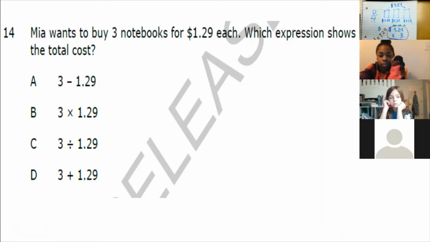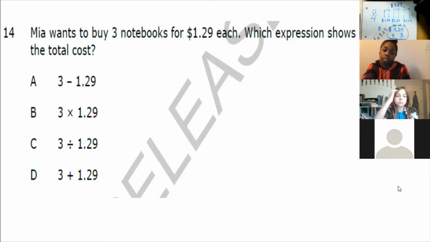Remember that I know what I have in total, which is $3.87. And then going backwards, or subtracting, to get to 0 and know how many notebooks we would have, that would be division. So you guys did right. This is repeated addition, so it is multiplication. Any questions or thoughts about this problem?